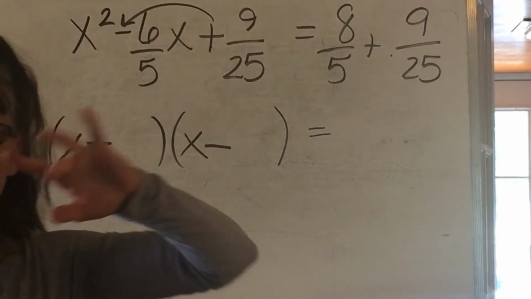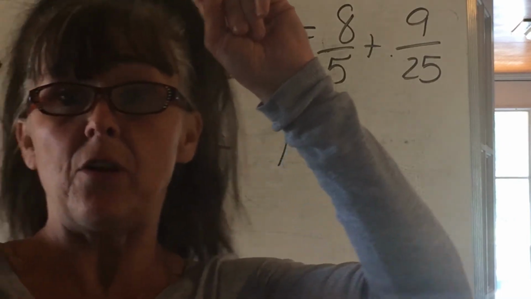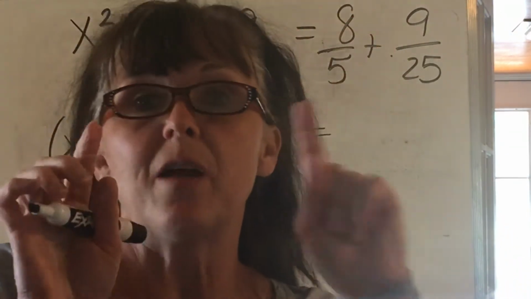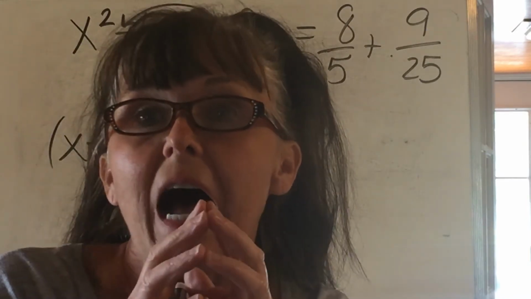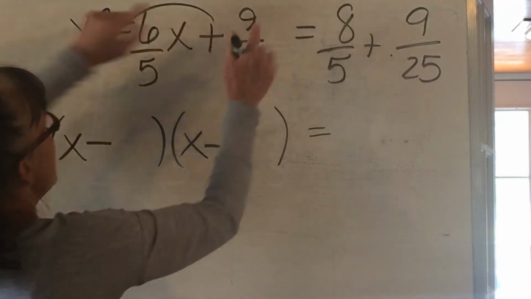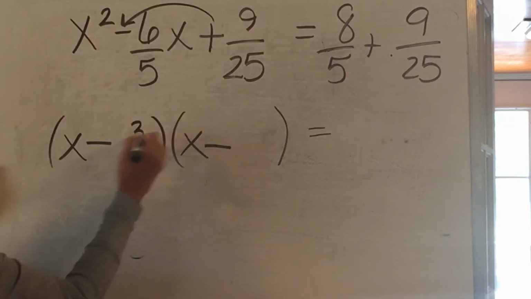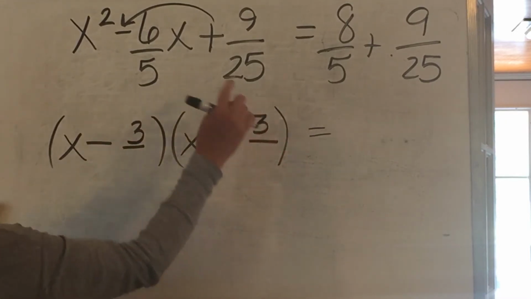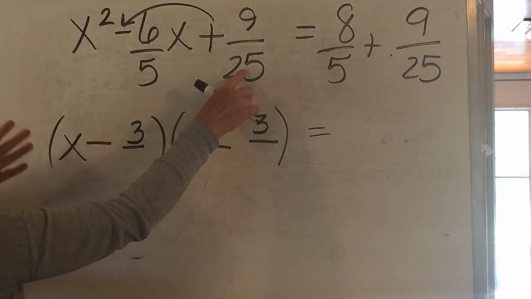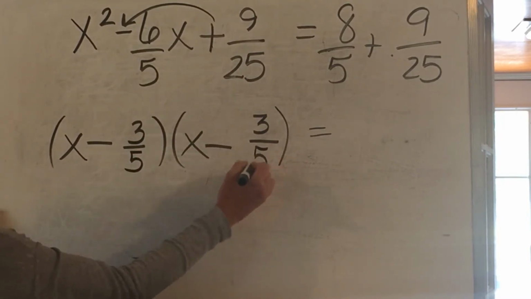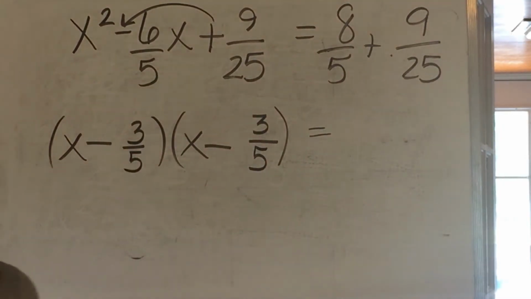Now do them individually. 2 numbers that multiply to give you 9, and it has to be the same number. 2 numbers that multiply to give you 25, but it has to be the same number. So, 2 numbers that give you 9 is 3 times 3, fraction bar line. 2 numbers that give you 25 is 5 times 5. So that wasn't too bad at all.